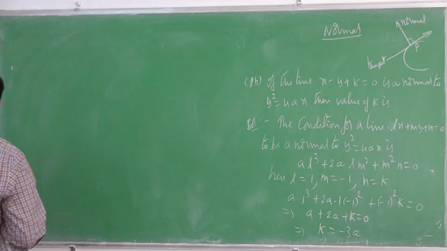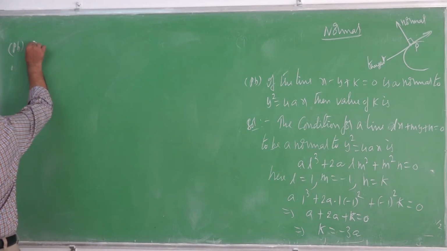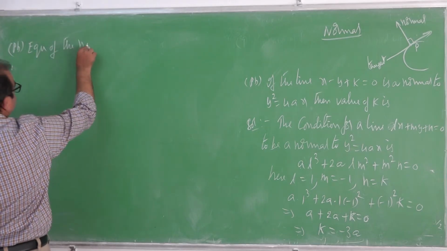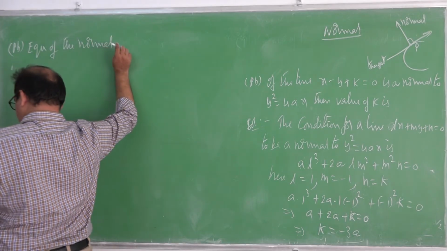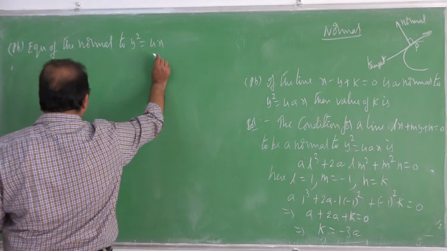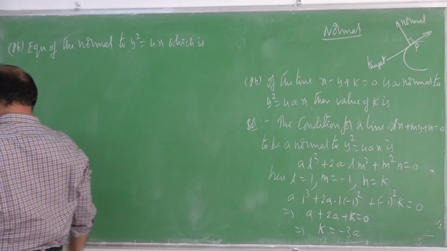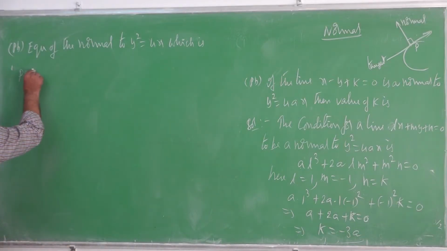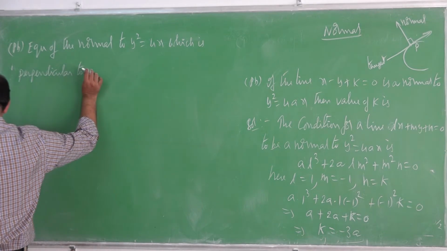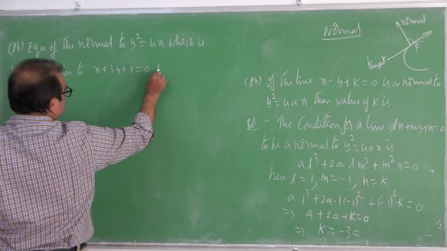Next, equation of the normal to the parabola y square is equal to 4x, which is perpendicular to x plus 3y plus 1 is equal to 0.